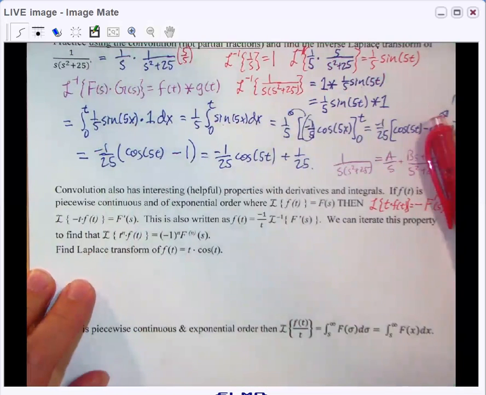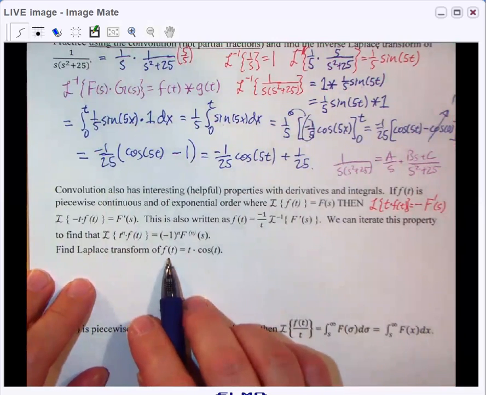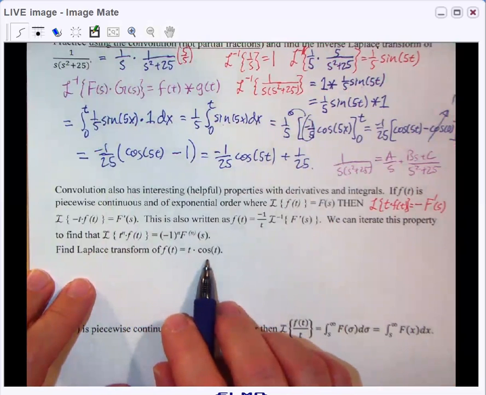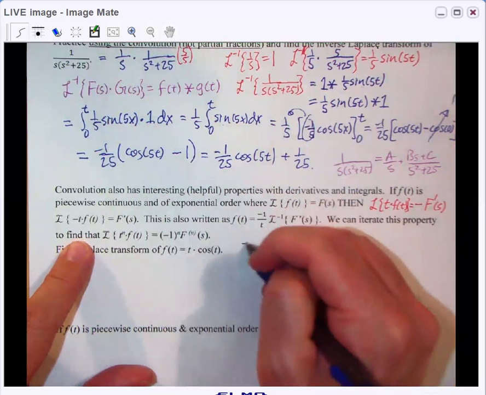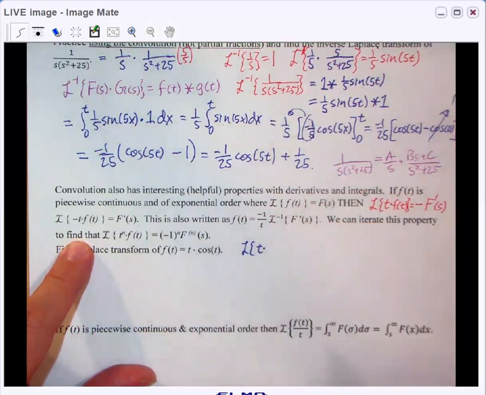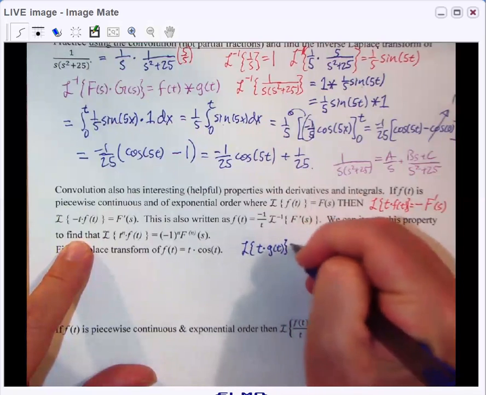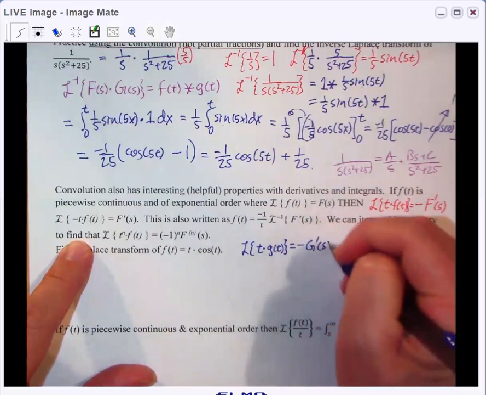Cool. All right, so let's use this to help us find the Laplace transform for f of t, where f of t is t times cosine of t. Let's remember that the Laplace transform of t times, and I'm going to introduce another letter, g of t, is equal to negative G prime of s.